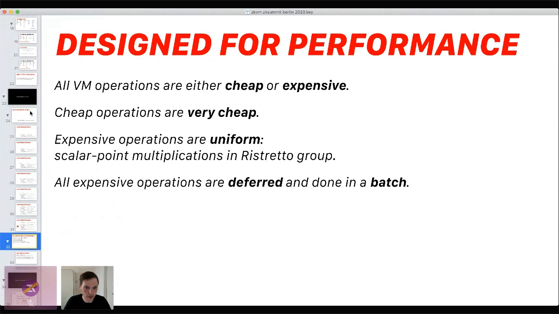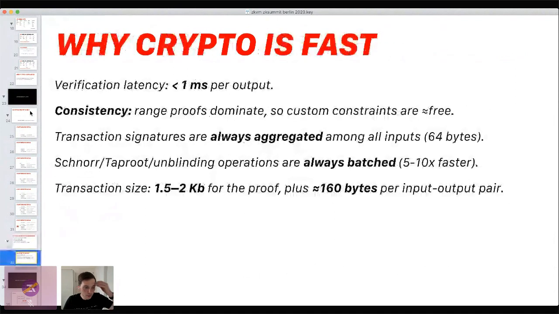For instance, verify a commitment, like a taproot commitment, or verify a Schnorr signature, or do the bulletproof verification. So all of these instructions are uniform from the perspective of the Ristretto group, and we defer them and verify them together in a batch, which gives tremendous savings. So as a result, what we get is something like less than 1 millisecond on a 3 gigahertz Intel CPU with the latest IFMA instructions.